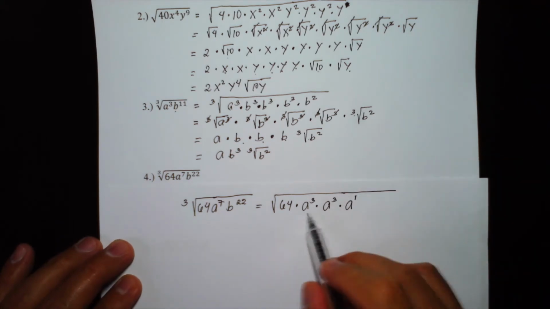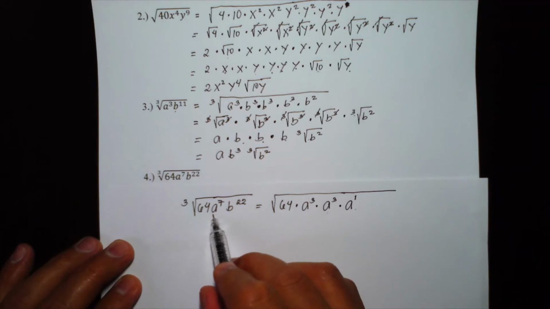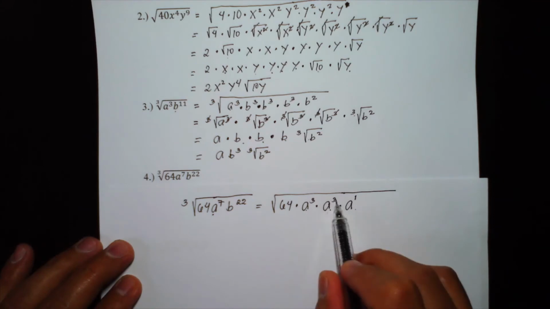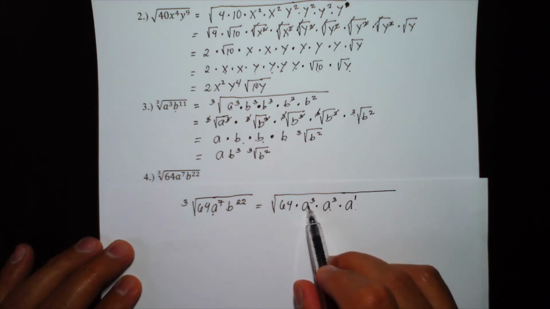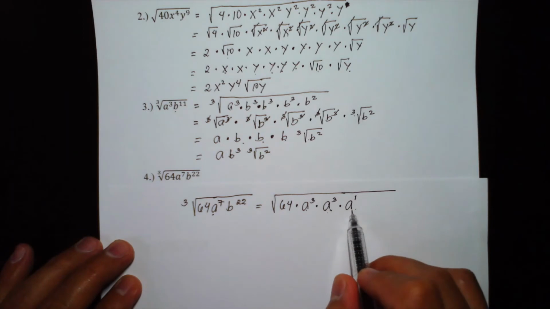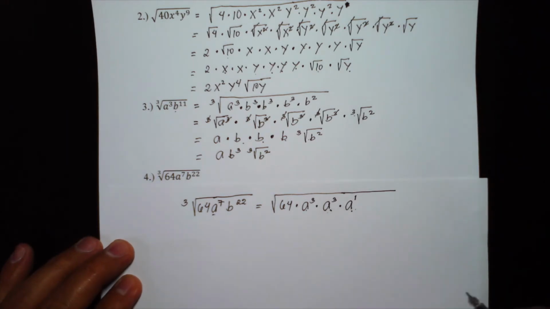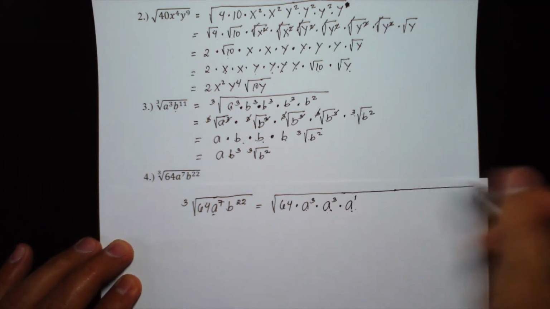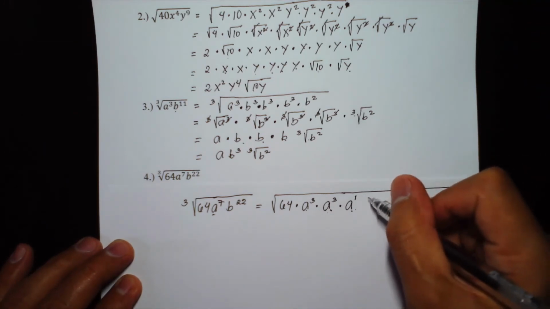So when you multiply this, the result will be a raised to 7. So we have a cube times a cube, that will result to a raised to 6, times a raised to 1, that will result to a raised to 7.